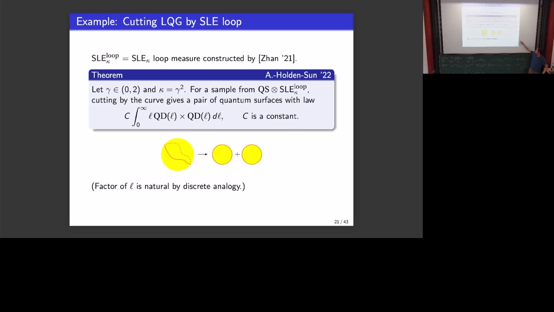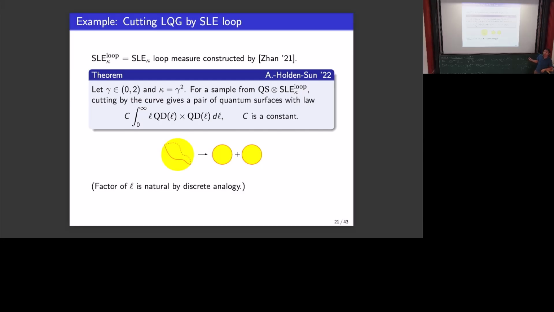So the result is as follows. You take one of these quantum sphere surfaces, and on top of it, you draw an independent SLE loop. So SLE, I've introduced it as a chordal curve measure, but you can define a loop variant on the Riemann sphere. And this is a natural object. It satisfies some kind of conformal covariance, conformal invariance type statements.